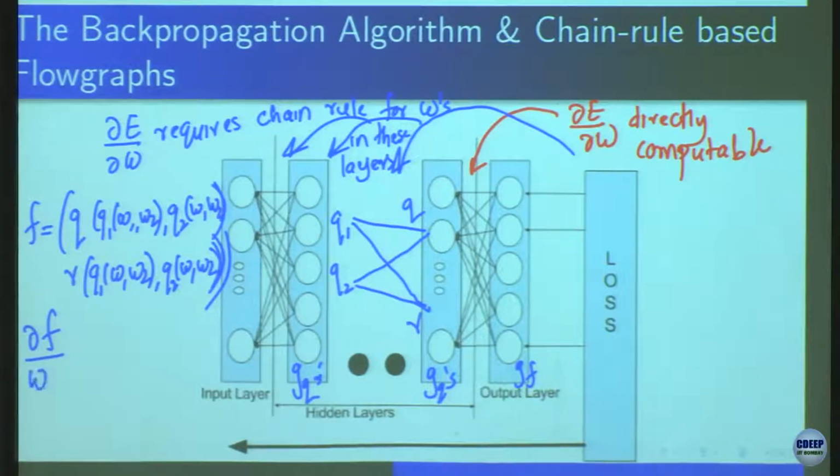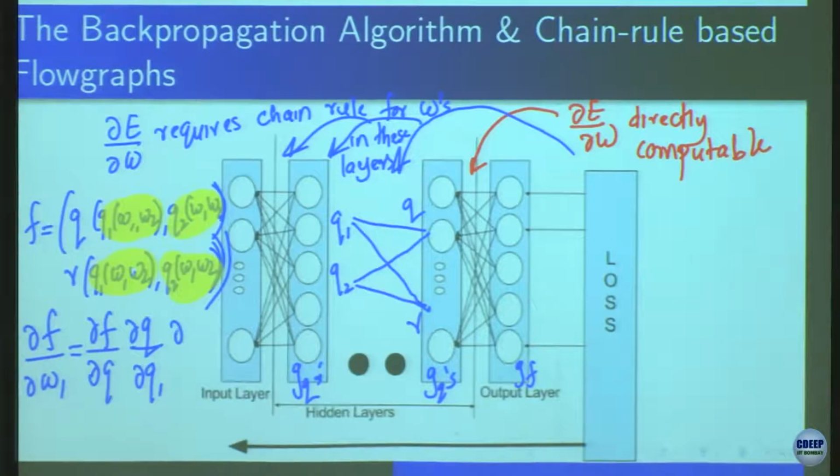So I want the partial derivative of f with respect to w1, and I know that these dependencies are at some point through q1s and q2s. Now I have to compute, and this will involve the partial derivative of f with respect to q, and then q in terms of q1, and then q1 in terms of w1, plus... I will only take some components, there are many components.